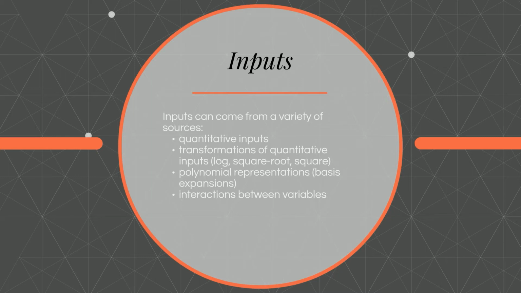So we're not going to dive into this in too much detail yet because in video 5 we're going to talk about these things, specifically basis expansions and regularization. But just know that our inputs don't necessarily have to be the training data specifically. They can be variations of that data.